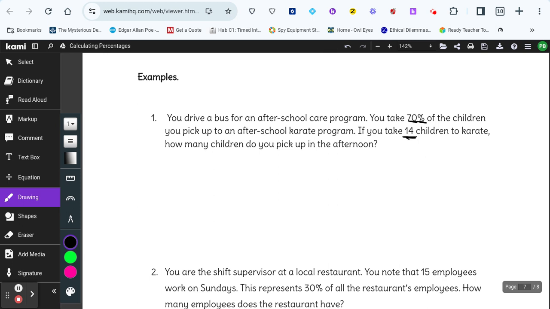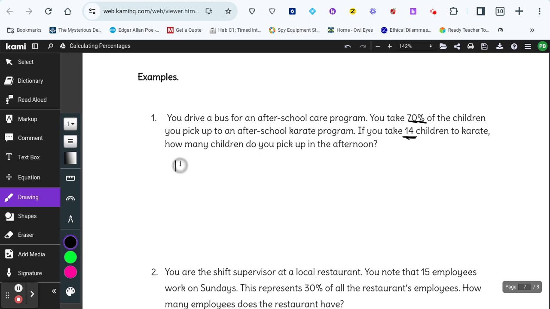All right, so we're going to take a look at number one. I want you to read through it. And remember what you're going to do. Hold on 1 second, guys. Okay, so what you're going to do is take the part that you were given because we got a part and a percent. I got part of the children who caught the bus. Not all of the children who caught the bus.